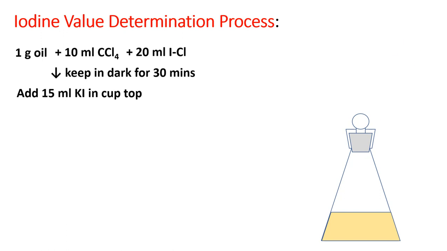Into the cap of the iodine flask, which is also called a cup top, add 15 ml of potassium iodide. See here, the stopper is in place and we have added potassium iodide. If any fumes are coming out when we are taking out the stopper, this potassium iodide will absorb the iodine fumes, and then we can slowly release the stopper.